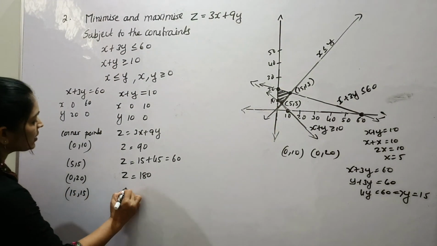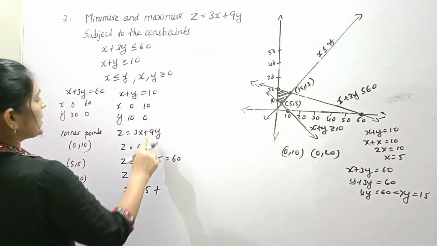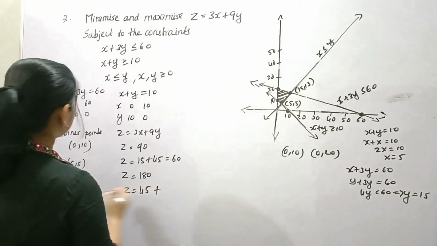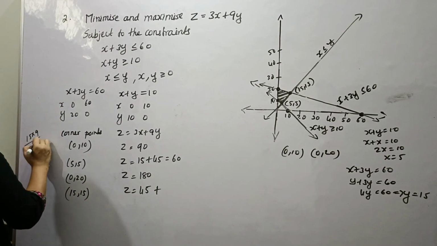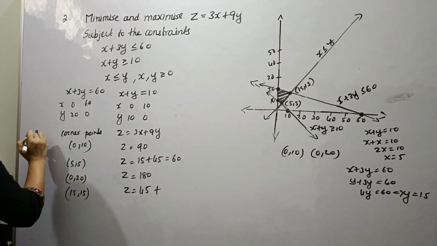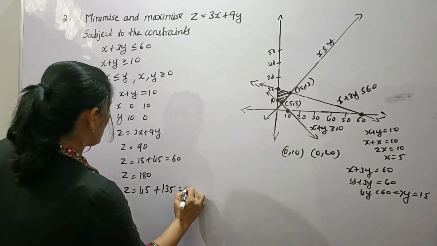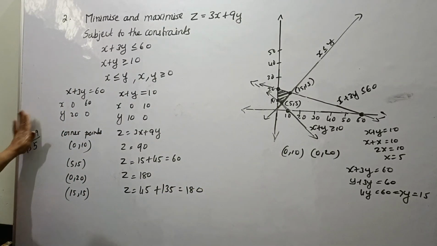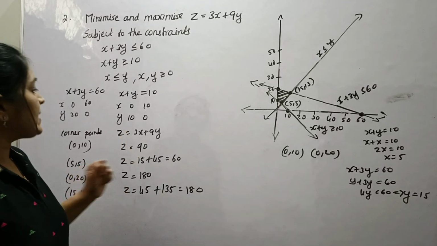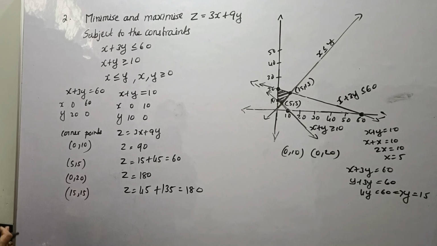Next point is 15, 15. z is equal to 3 into 15, 45, plus 9 into 15, 135. So that is equal to 180. So here, what is the minimum value? Minimum value of z is nothing but 60, at which point? At 5, 5.